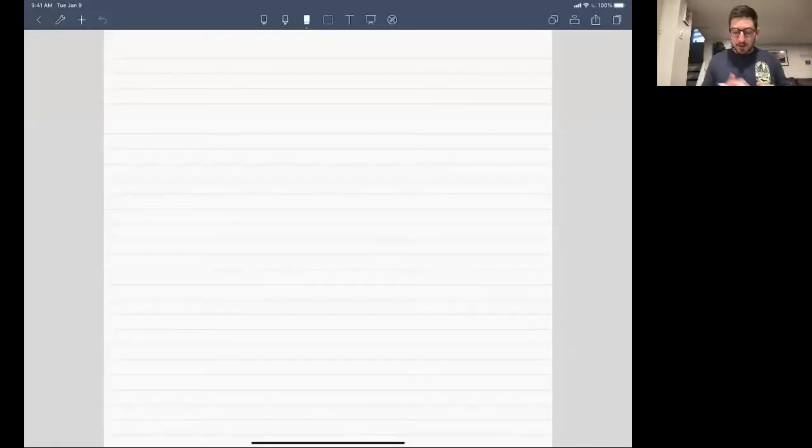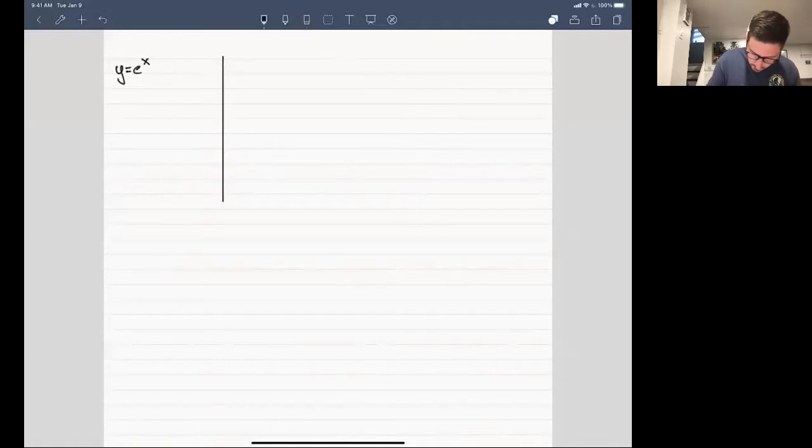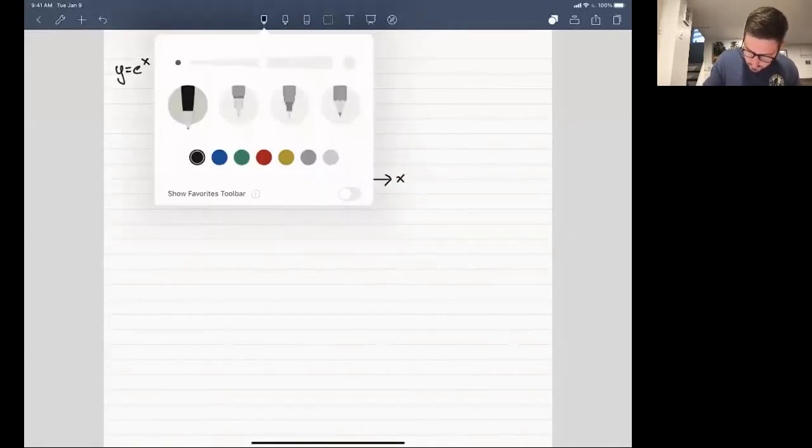Now, let me start with an example right off the bat. Let's imagine that I give you the function y is equal to e to the x. And imagine that on my board here, I've drawn out the axes so that x is measured in centimeters.